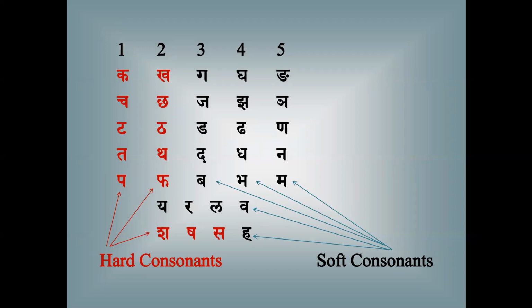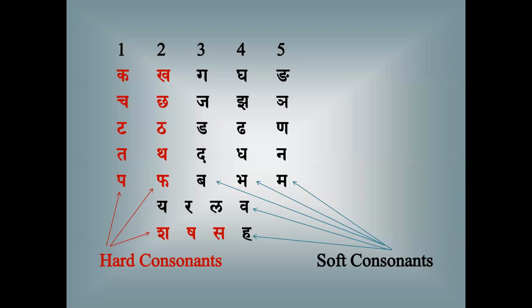With this, you see the table. You will understand each letter. So here, first, you need to remember this. First letter, second letter, and the first three sibilants are hard.